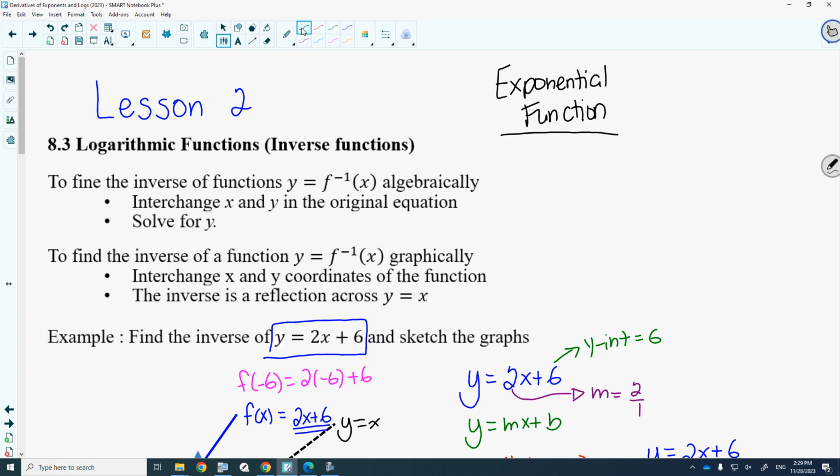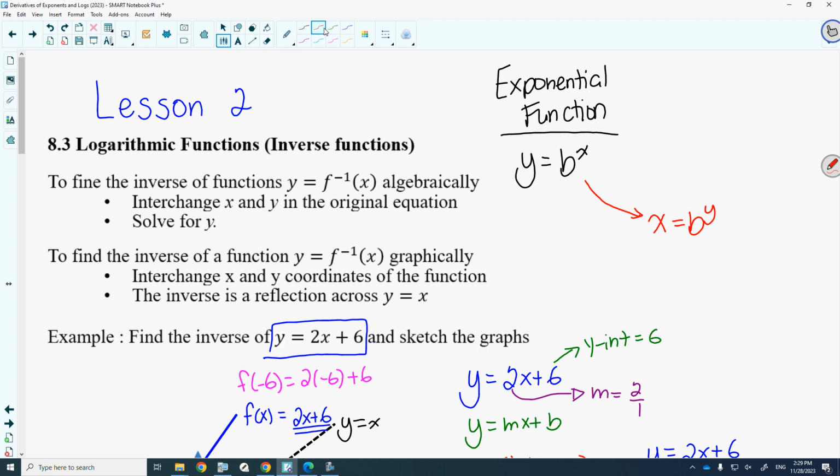Okay, so y is equal to b to the power of x. If I said to you, I want you to take the inverse of this function, you know that to take the inverse, we interchange x and y. So that would become x is equal to b to the y.